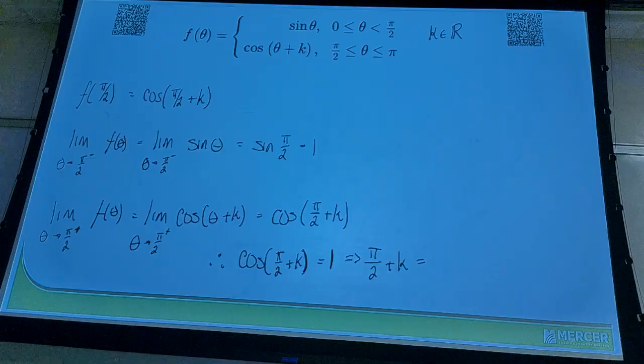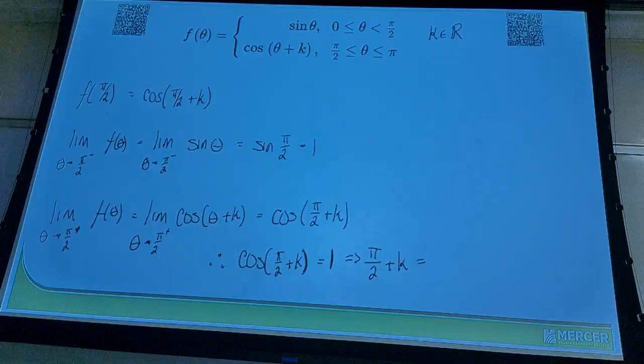How do they have to relate to 360 degrees? So what does it mean to be coterminal?